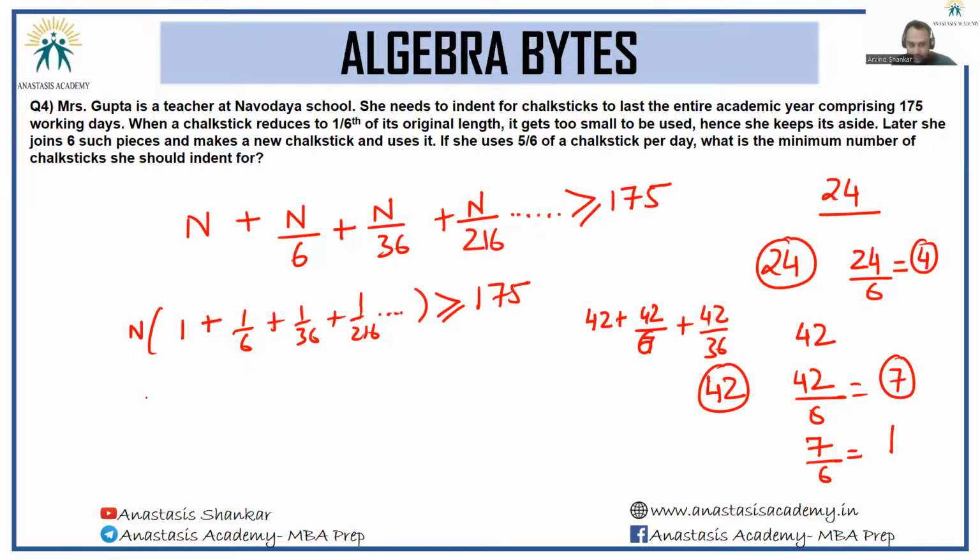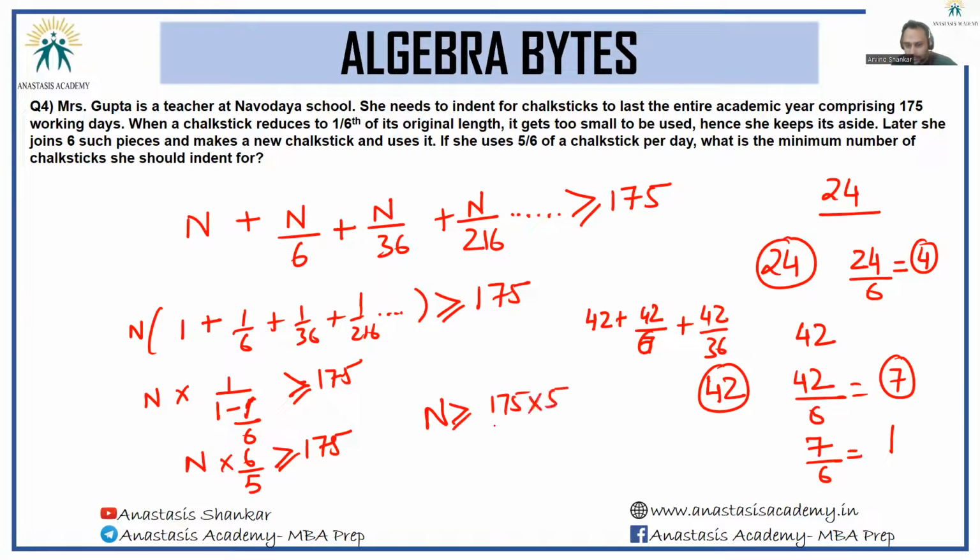So n into this would be equal to how much? 1 by 1 minus 1 by 6, is greater than or equal to 175, or n into 6 by 5 has to be greater than or equal to 175, or n has to be greater than or equal to 175 into 5 divided by 6, or n has to be greater than or equal to 875 by 6.